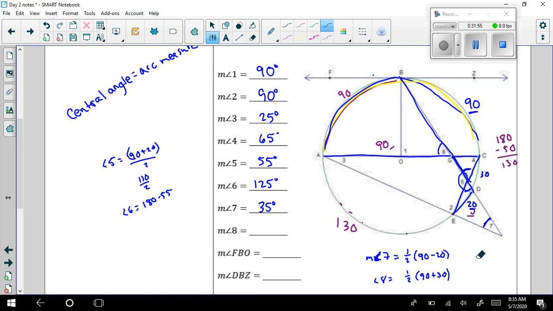So 90 plus 30 is 120, and half of that is 60. And then if it has your 3 letters, you're going angle. So FBO, this angle right here, is half of the intersected arc.